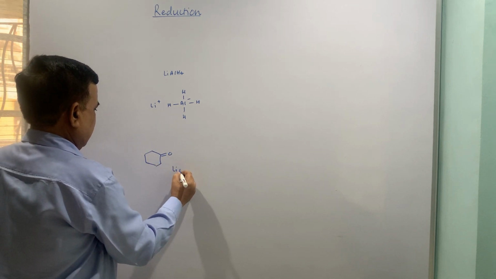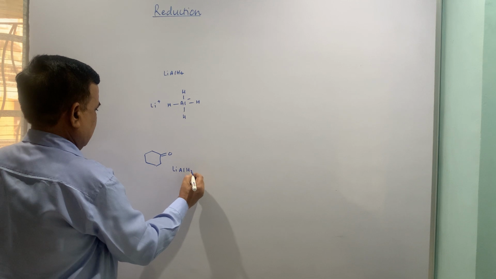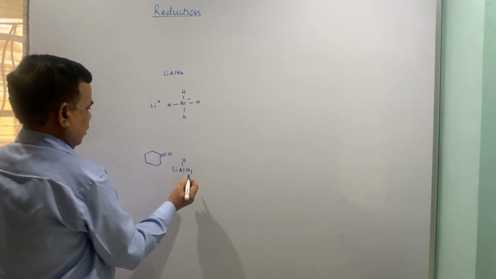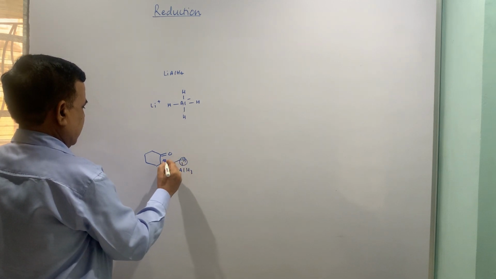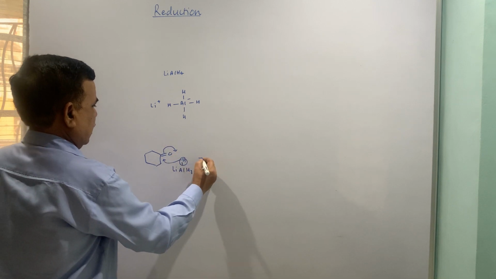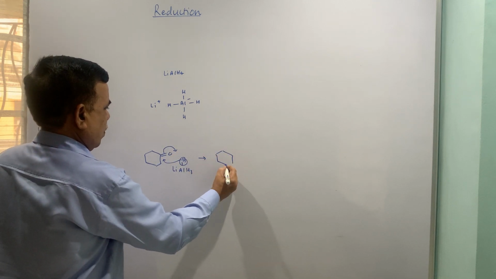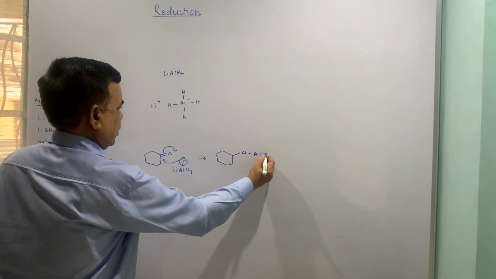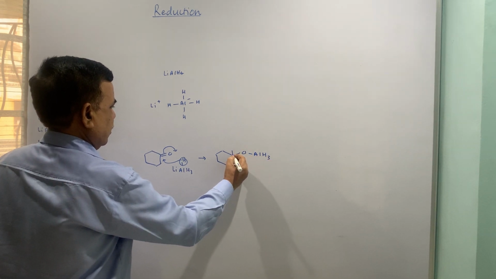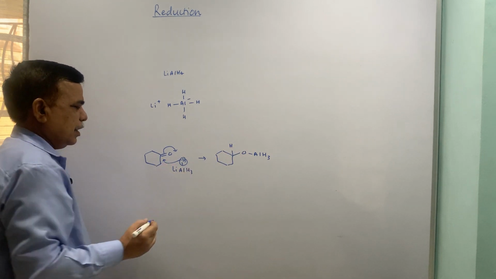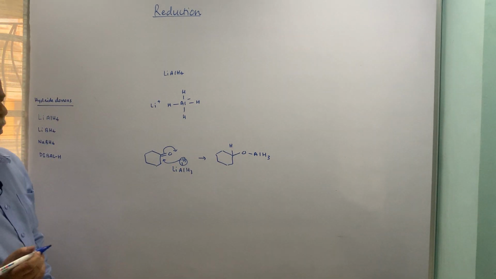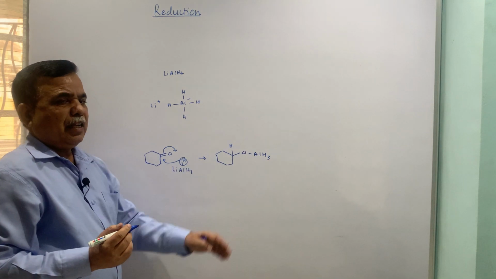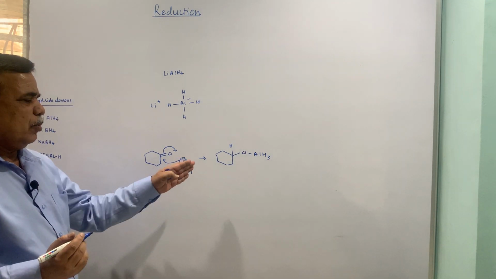So whenever you add, say, lithium aluminum hydride, I am adding, now I am just putting H3 so that hydride transfer can be shown, and this will become OAlH3. Here hydrogen is forming a sigma bond. Now this is capable of bonding with 3 more carbonyl compounds.